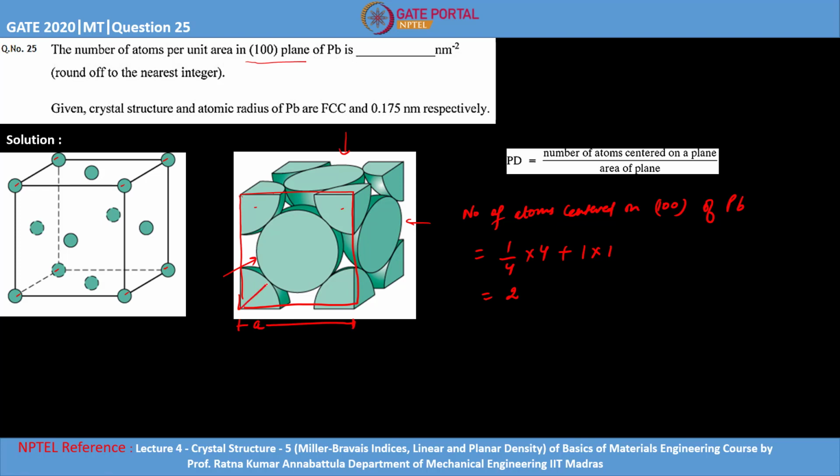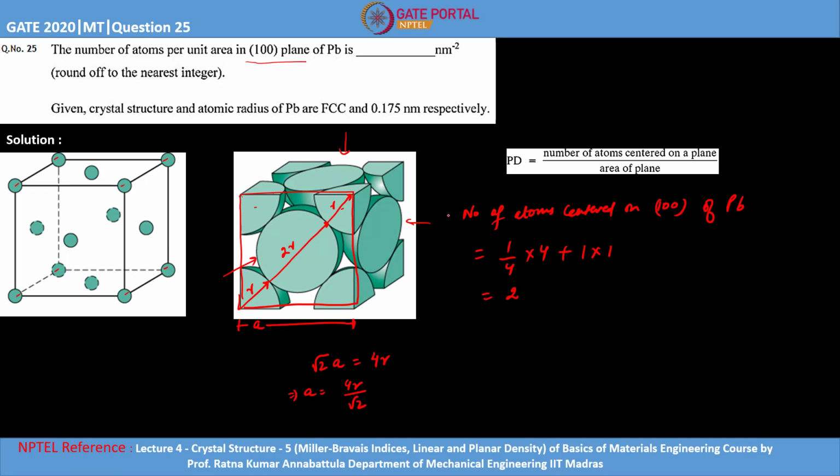And also the radius of one lead atom is R. If you see the total diagonal length, this much is R, this much will be 2R, and this much will be again R. So total 4R, and the diagonal of this square will be equal to root 2 times A. So root 2 times A will be equal to 4R, right? So this is a relation for this FCC unit cell. So we have root 2A equal to 4R. So A will be equal to 4R upon root 2.